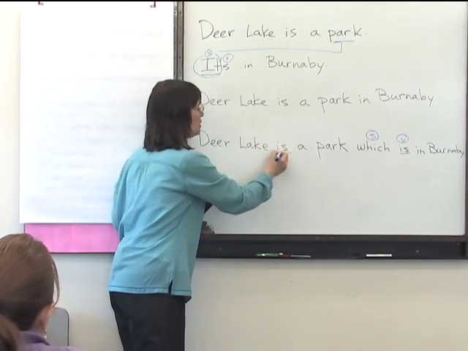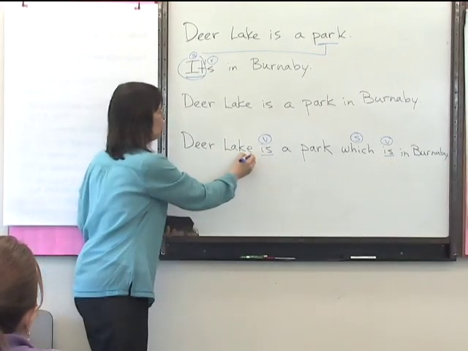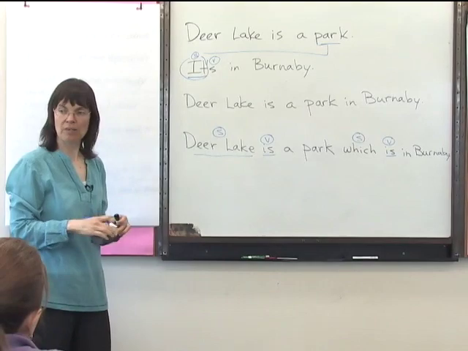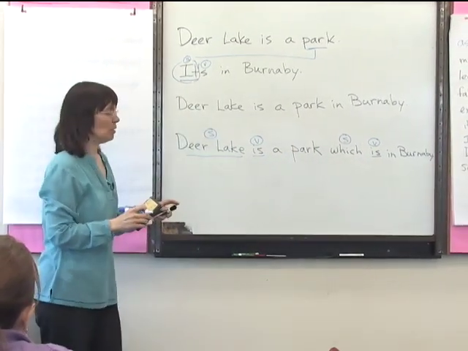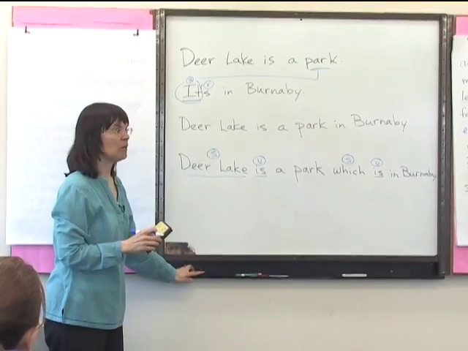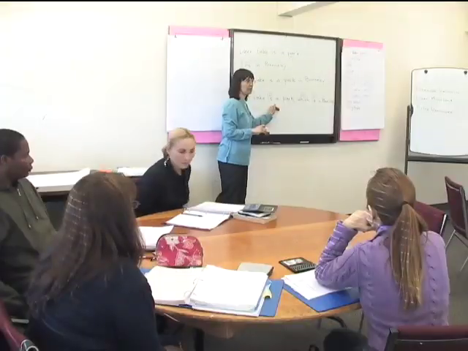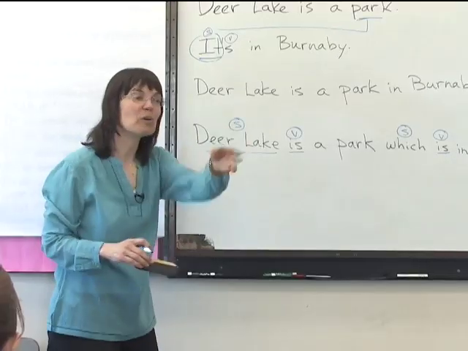Is. Right. And what's the subject of is? Deer Lake. Okay, so now we have a sentence with two subjects and two verbs. What does that mean? What do you call the two parts of the sentence? It's called a clause.